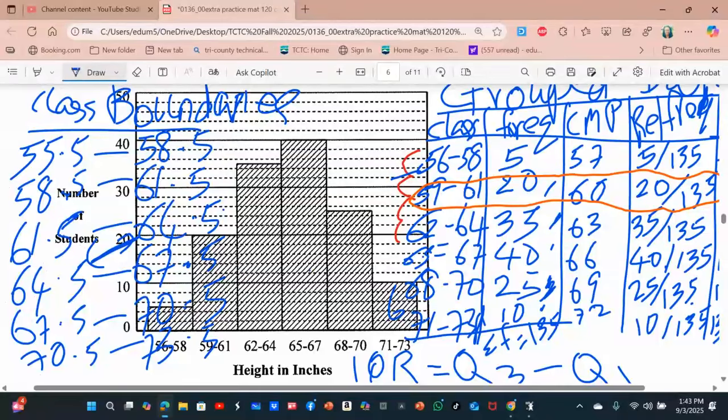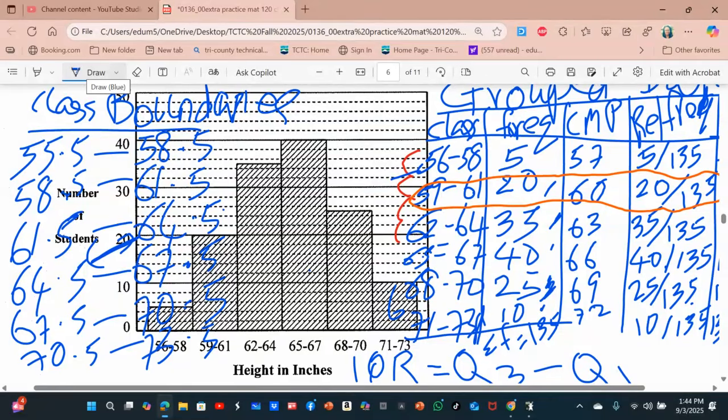So the difference between consecutive class boundaries will still be the class width. The difference between consecutive lower limits is still the class width. So it doesn't really matter whether you are using class boundaries or class limits.